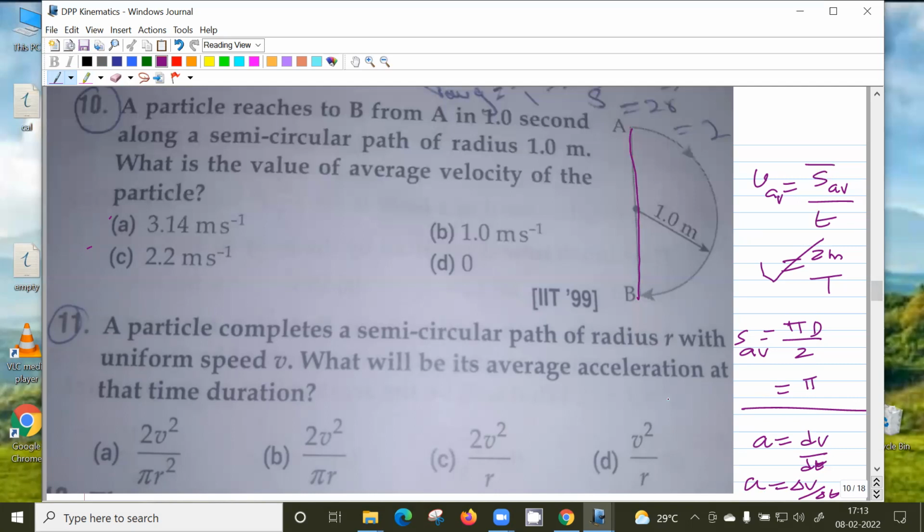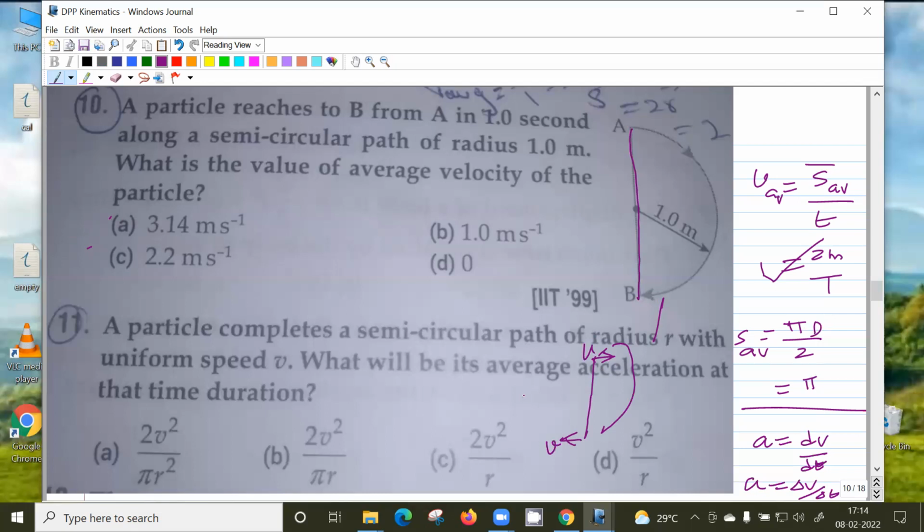Okay, so delta v means final velocity minus initial velocity. So this is a semicircular path, no? So it will move like this. Initially the velocity will be like this, and the final velocity will be like this, and it's uniform, so the speed is always v, only the direction is opposite.